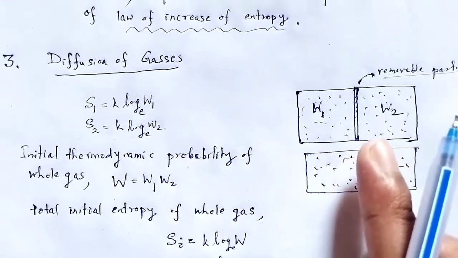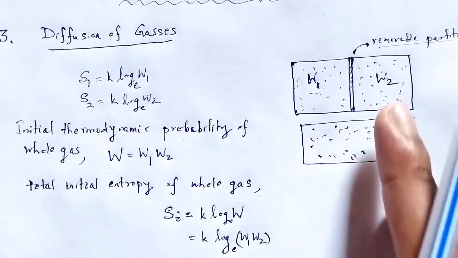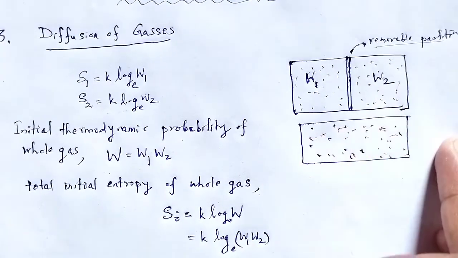So the entropy before diffusion is lower than the entropy after diffusion.